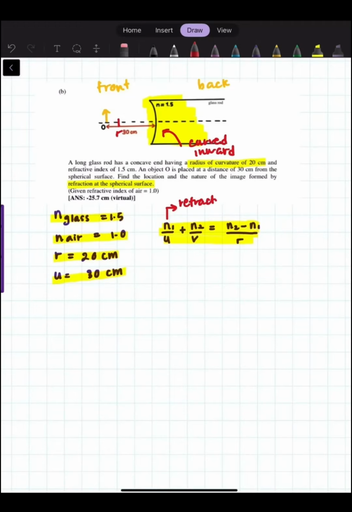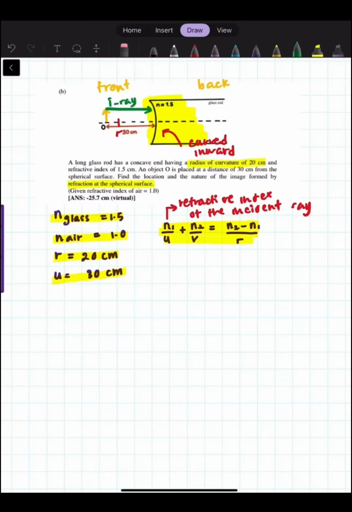The refractive index of the incident ray, in this case, is that of air, because the incident ray will be coming from the object.